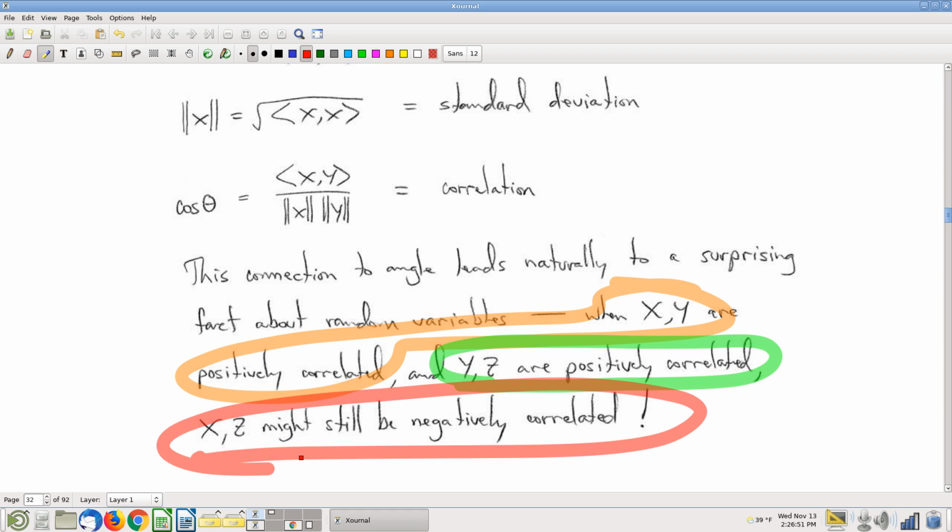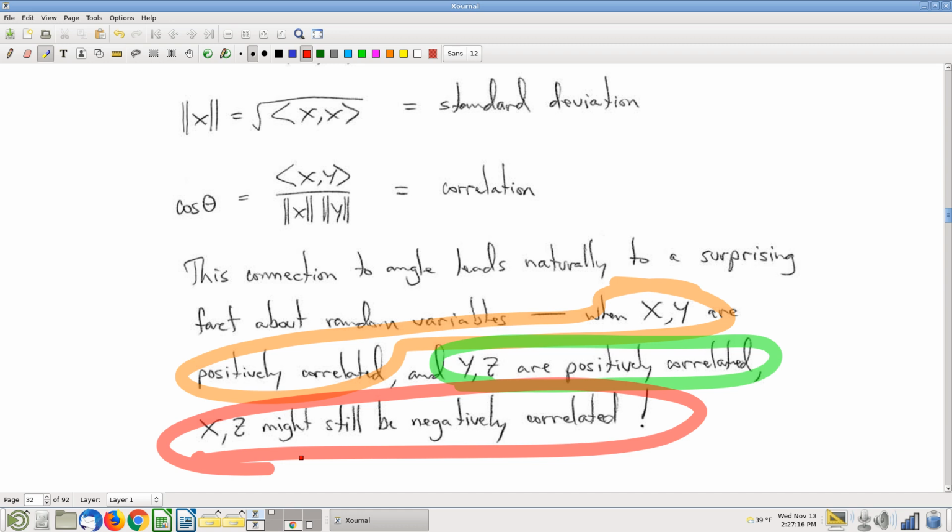We feel like if X and Y are positively correlated, and if Y and Z are positively correlated, well, for crying out loud, shouldn't X and Z be positively correlated? And it's stunning and frustrating that they're not necessarily. They might be negatively correlated. Now, counterintuitive though this is, let me show you why it's valuable to think about this as an inner product space.